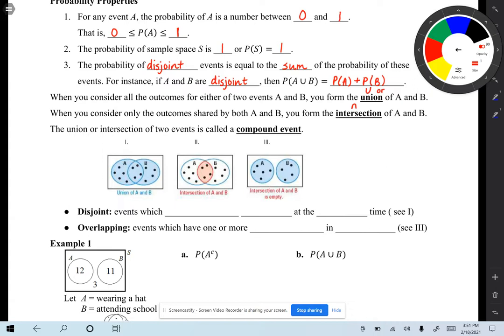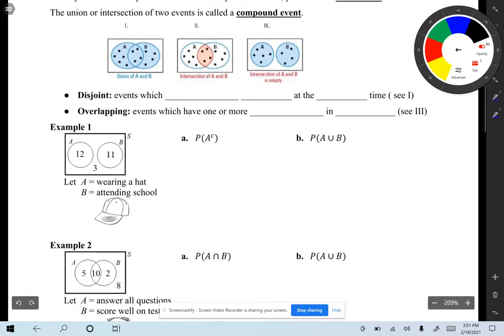So that diagram 3 is disjoint events, two events that cannot occur at the same time. That leads us to that definition again. So disjoint events are events which cannot occur at the same time.